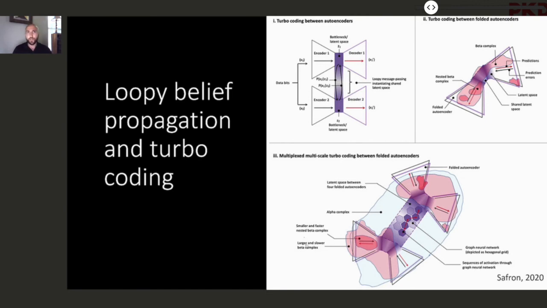I further try to describe how different autoencoding hierarchies, where each modality could be understood as either a hierarchy of autoencoders or itself one folded autoencoder, an autoencoder constituted by autoencoders, where each folded autoencoder from each hierarchy can be bound together. Their information can be integrated via loopy message passing, which I also describe in terms of turbo coding, a concept from telecommunications, which has been shown to approach the Shannon limit for sending data over noisy channels.